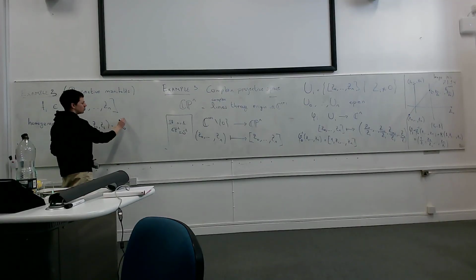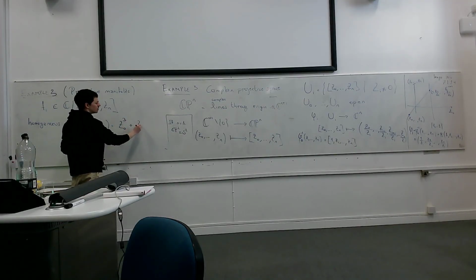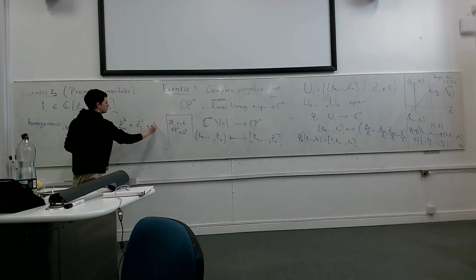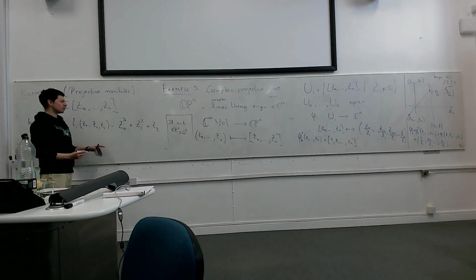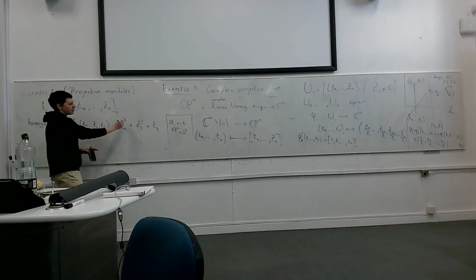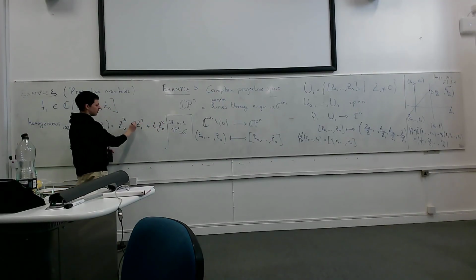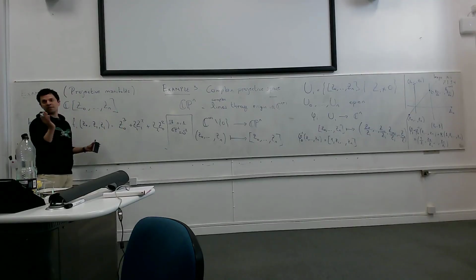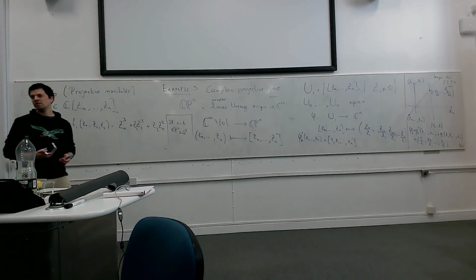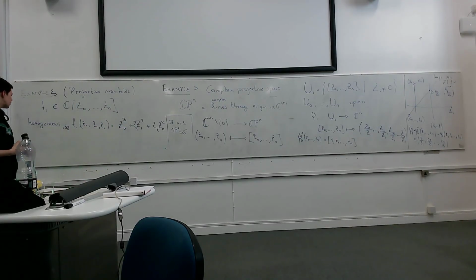So let's say z naught cubed plus z1 squared plus z2, well, this is not homogeneous. But if you take, say, z naught squared z1, this is homogeneous.